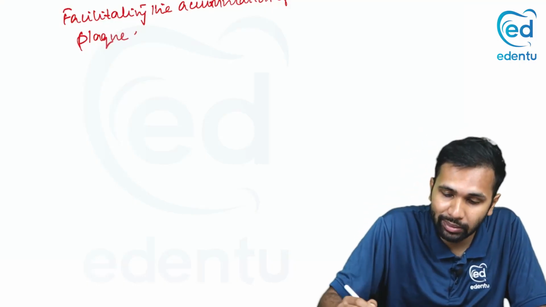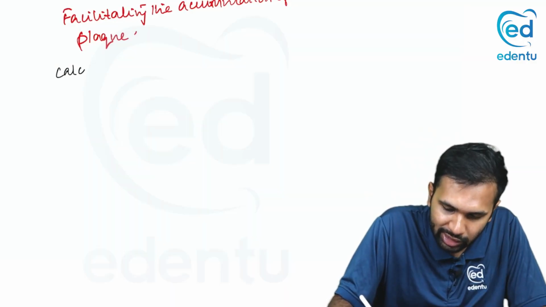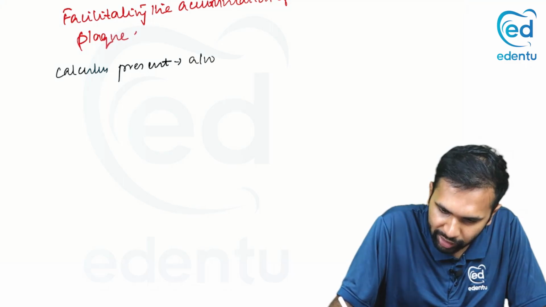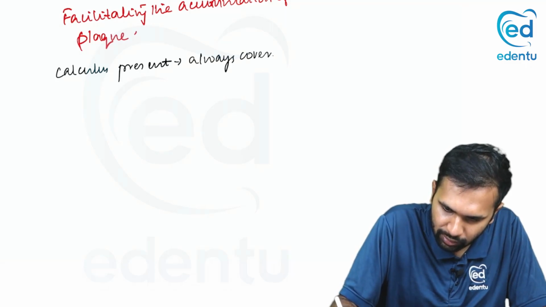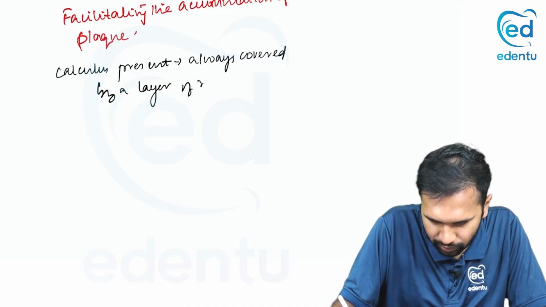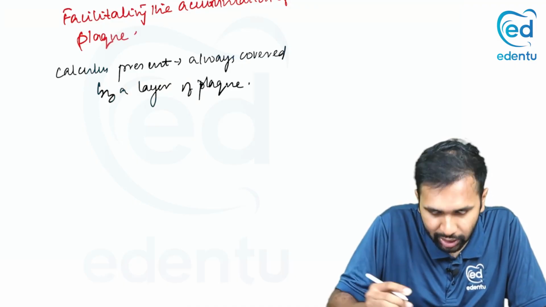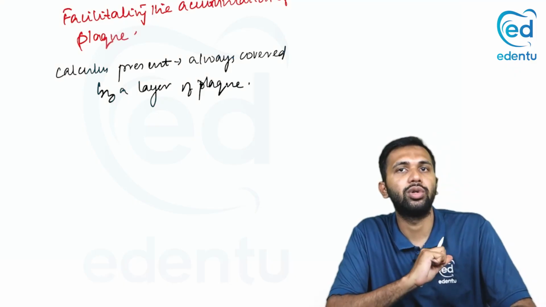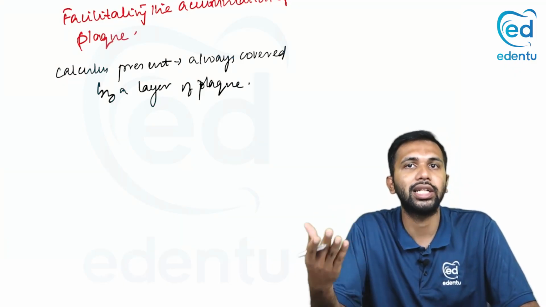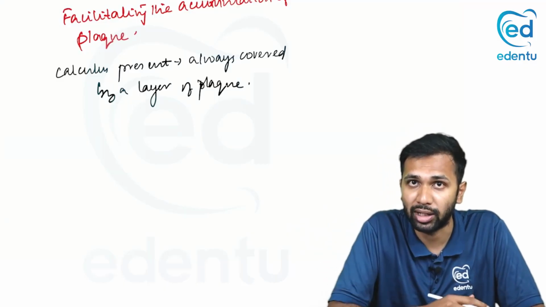Or in simpler layman's terms, wherever there is calculus present, it is always covered by a layer of plaque. This is a rule. For example, let's say without removing the calculus, you remove the plaque, impossible, but still manage to remove. Almost immediately, the calculus gets covered by plaque.